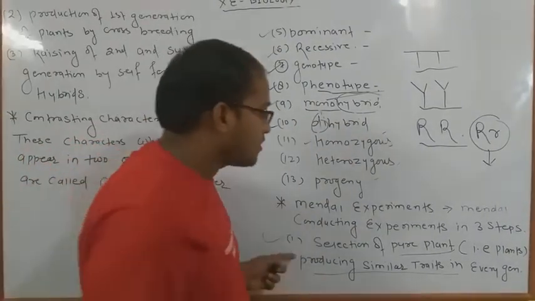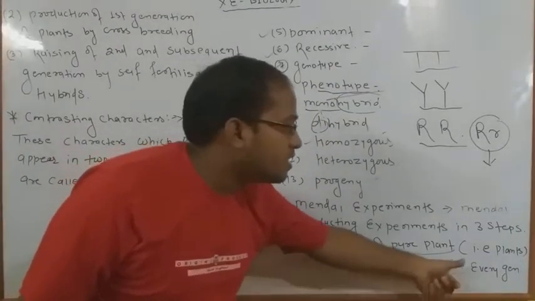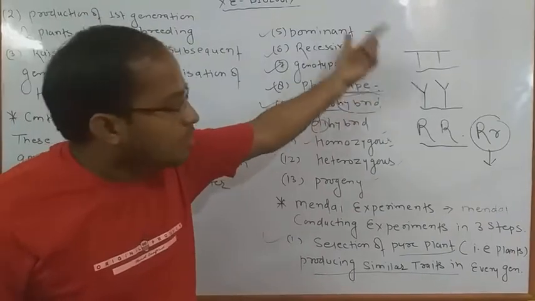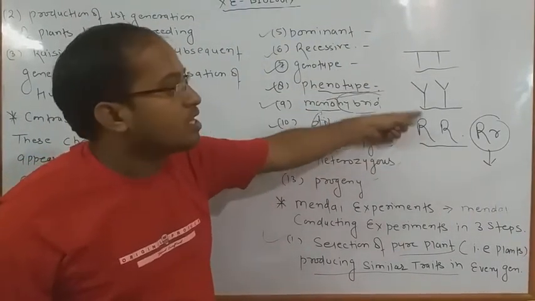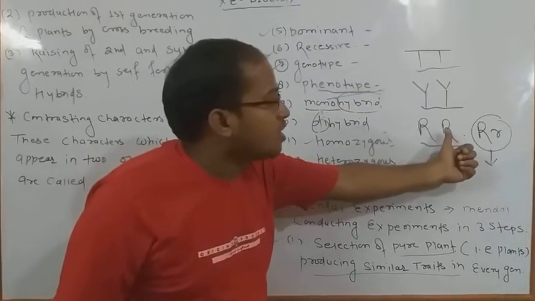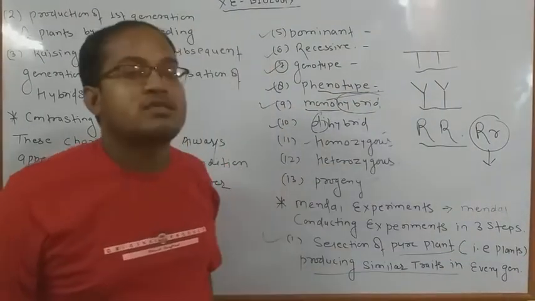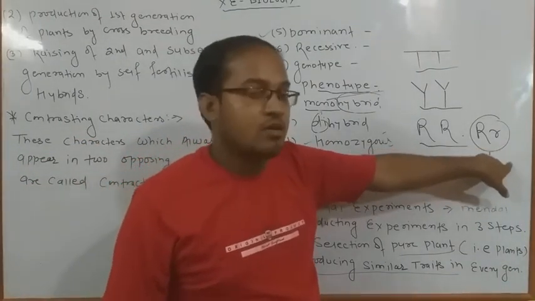Okay, so the first point is the selection of pure plants, meaning plants producing similar traits in every generation. जो भी generation में हमने क्रॉस किया, उसको हमने प्योर प्लांट्स मतलब होमोजाइगस कंपोजिशंस को लेकर, अगर ये कैपिटल टी है ये भी कैपिटल टी, ये कैपिटल वाई, ये भी कैपिटल आर, ठीक है, पूरे के पूरे कैरेक्टर सेम रहेंगे. It is not taken by this method. इन्होंने कैपिटल आर और स्मॉल आर लेकर नहीं किया.